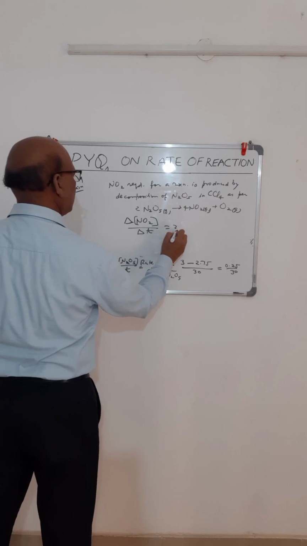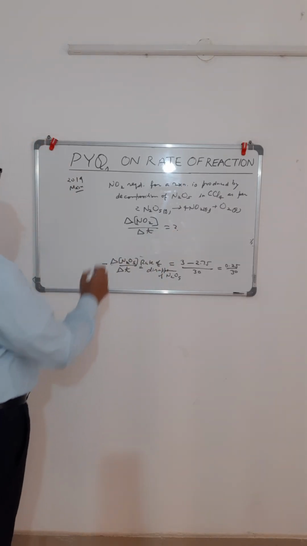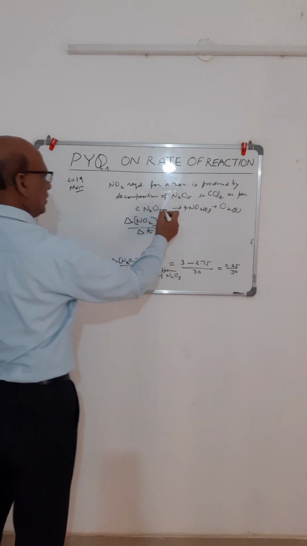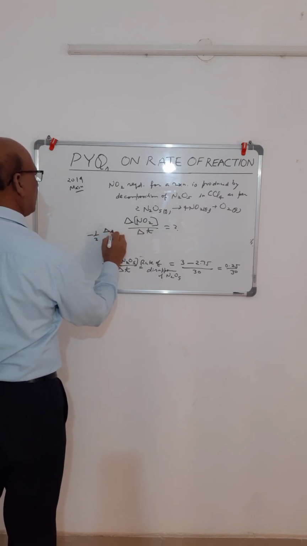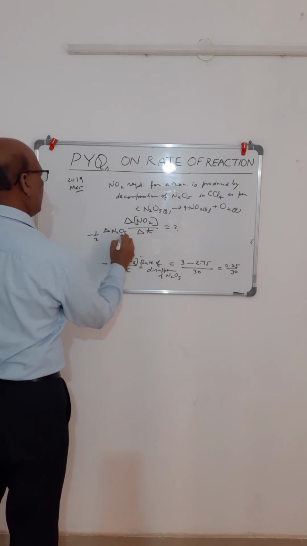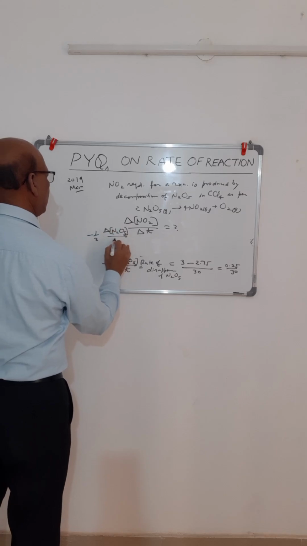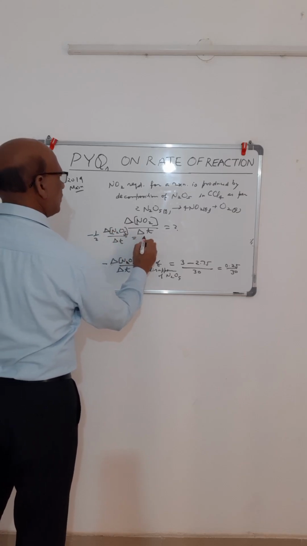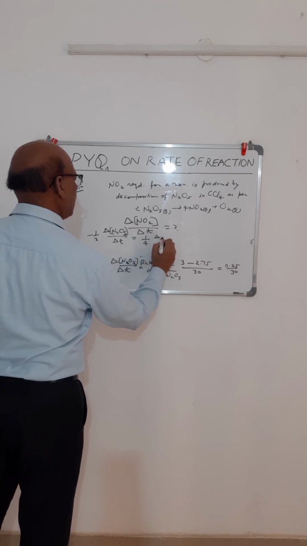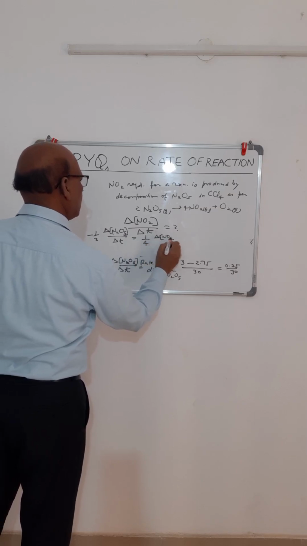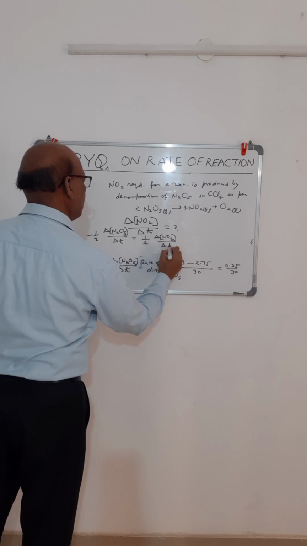So we will write the rate of reaction for this, that is minus 1 by 2 delta[N2O5] upon delta t equals 1 by 4 delta[NO2] upon delta t.